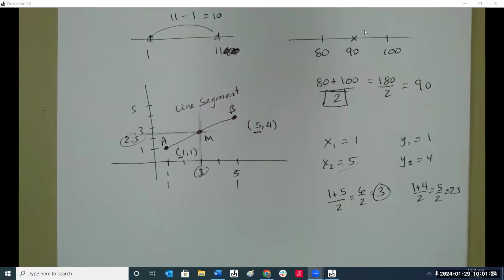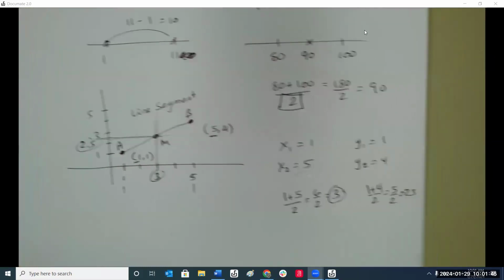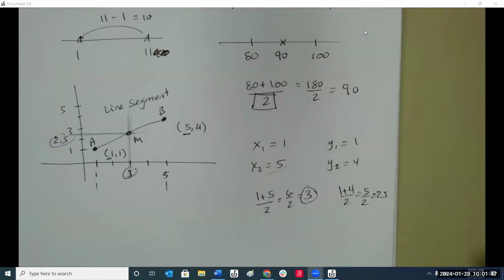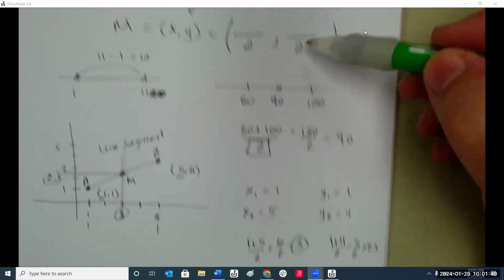So all the midpoint is the average of your x values and the average of your y values. That's all it is. So what formula do I put down in this equation here?